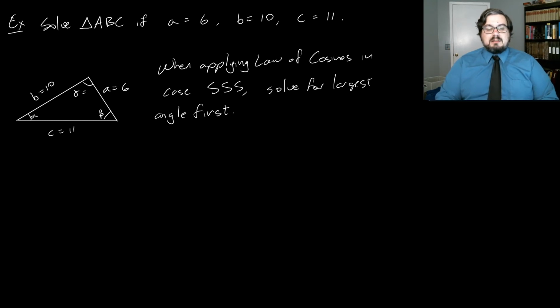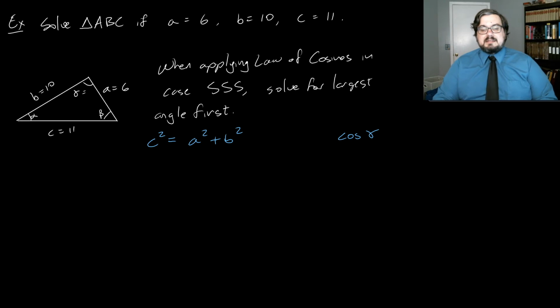So we want our law of cosines that involves a cosine gamma here. We know that gamma inside the cosine goes with a c squared on the other side of the equation, and then it's the other two side lengths that go into the formula. So the law of cosines with gamma says that c squared is equal to a squared plus b squared minus 2ab times cosine gamma.